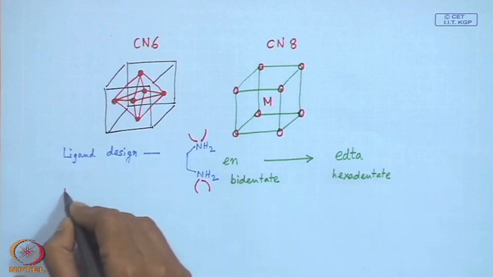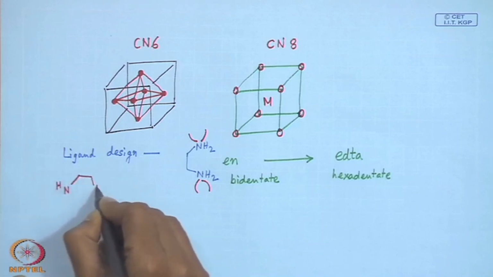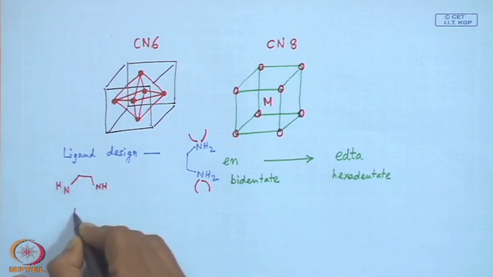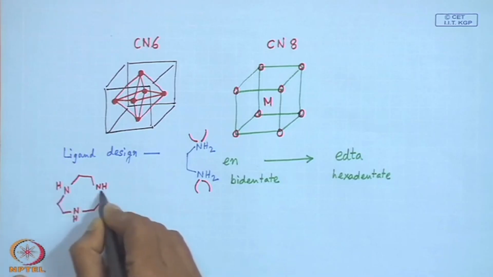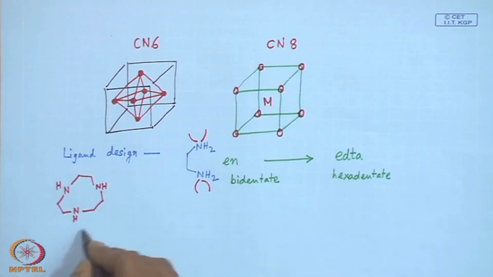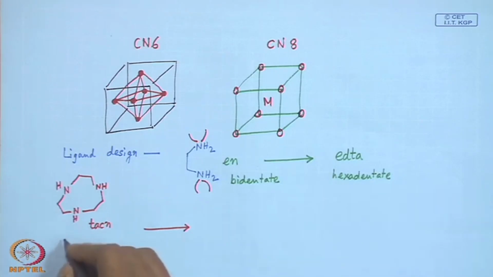Similarly, we can take a tridentate ligand with an NH backbone, triazacyclononane, which is a facially capping tridentate ligand.